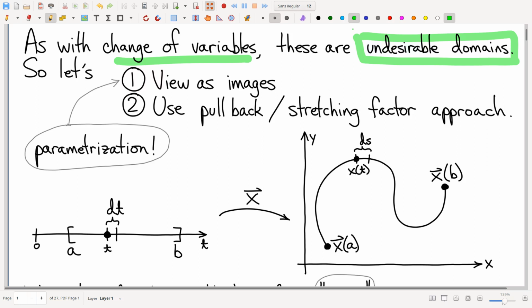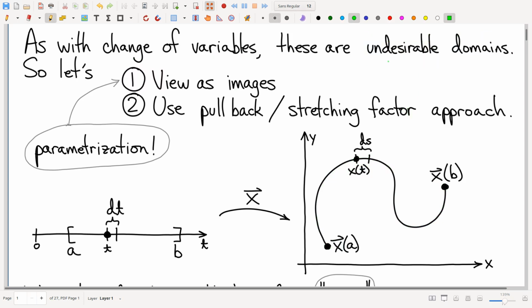Stuff like that. Well, here again, we have an undesirable domain. Now, this is undesirable for different reasons. I'm going to say this is undesirable because it's dimensionally weird. It's not about corners. It's not about weird equations. It's that this is dimensionally out of place. But the fact that it's undesirable for a different reason doesn't change the fact that it's undesirable, and it also doesn't change how we're basically going to approach the problem.